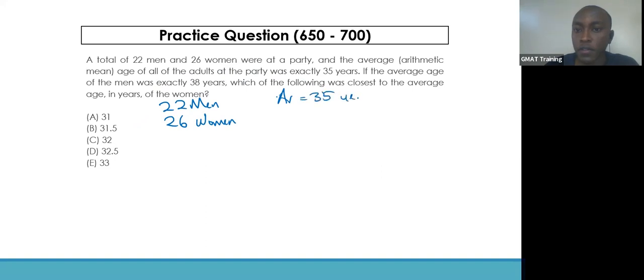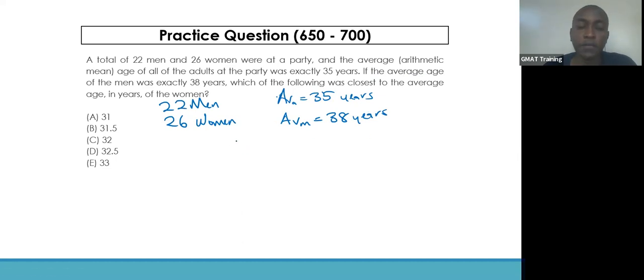The average age of the men was exactly 38 years. Which of the following was closest to the average age in years of the women?